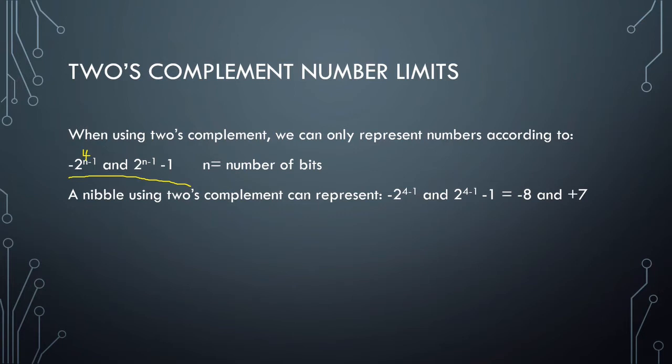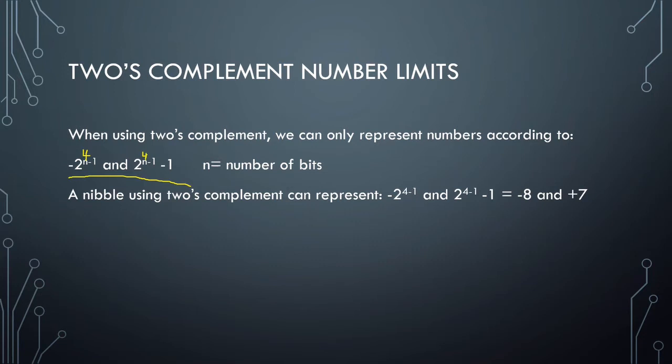And the highest positive number that you can use when you're working with 2's complement is 2 to the power of n minus 1, and then subtract 1 from that number. Again, n is just the number of bits that we're using.